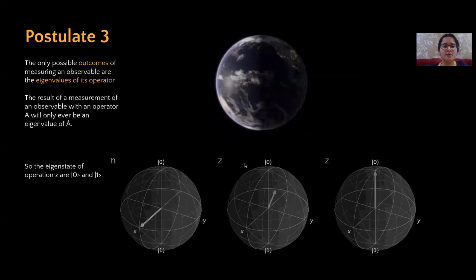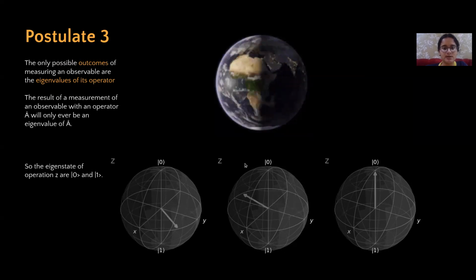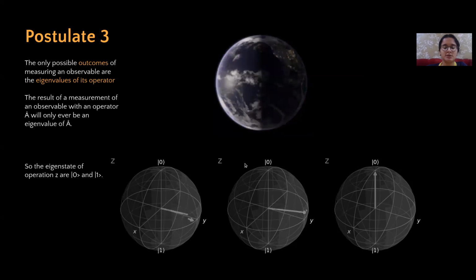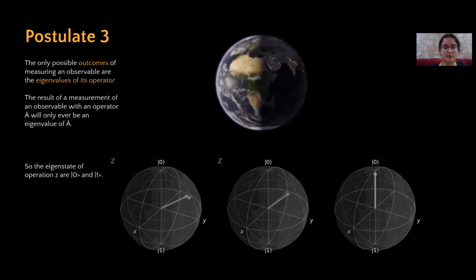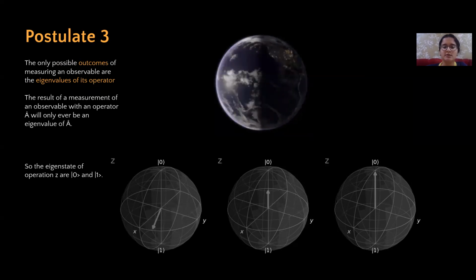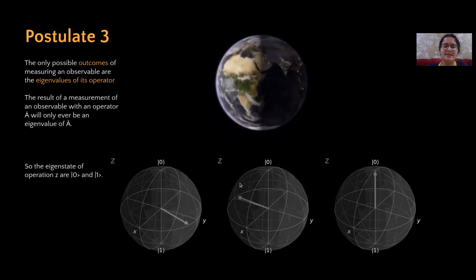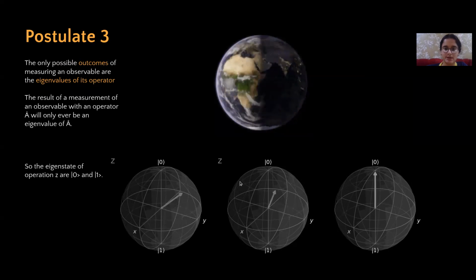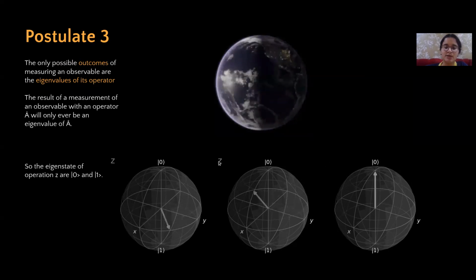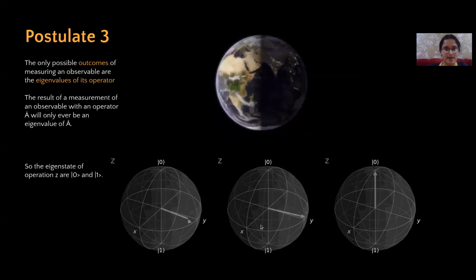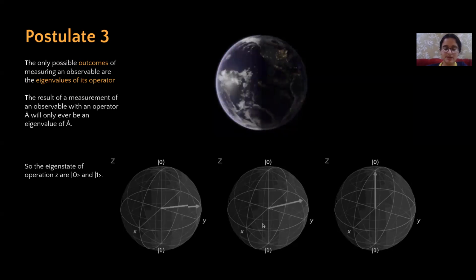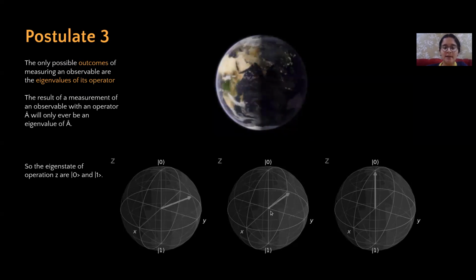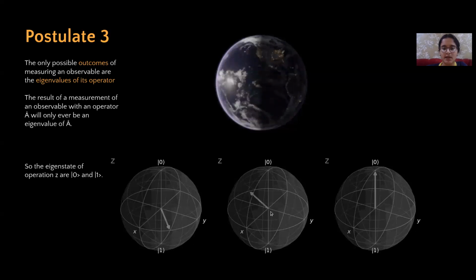If you don't know much about eigenvectors, then there is a link in the description which is really helpful, so you can go through it. Basically, eigenvectors are any vectors upon which, if we apply a given matrix, the Z gate over here being a transformation, mathematically represented as a matrix, that particular vector will not rotate.